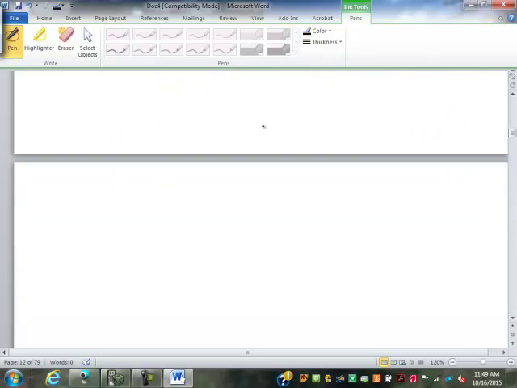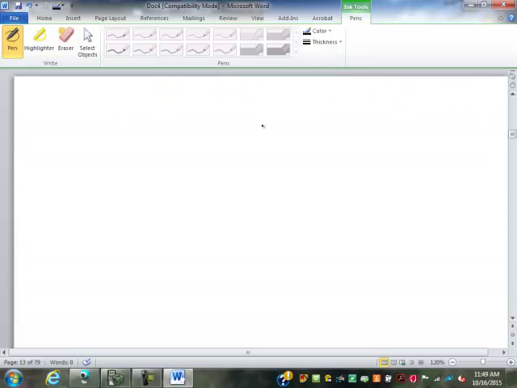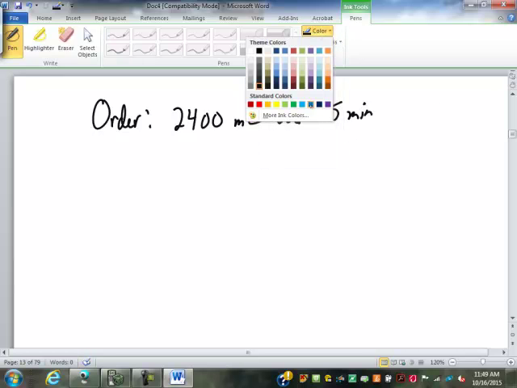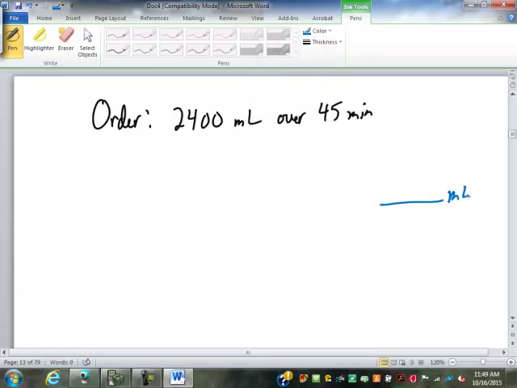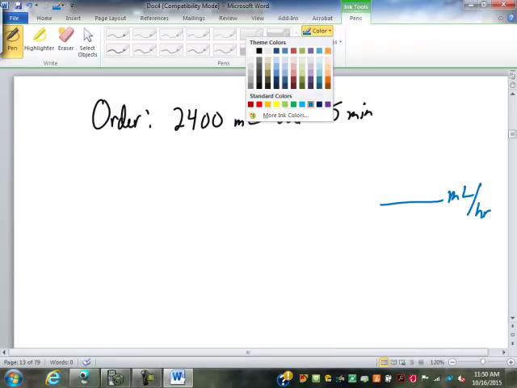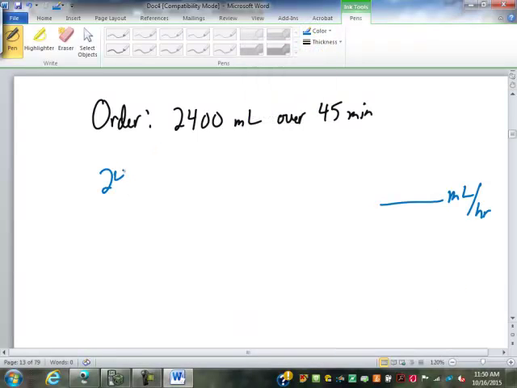A little bit trickier might be this one: an order for 2,400 milliliters over 45 minutes. Once again, find that flow rate in milliliters per hour. So we start out with 2,400 milliliters for 45 minutes.